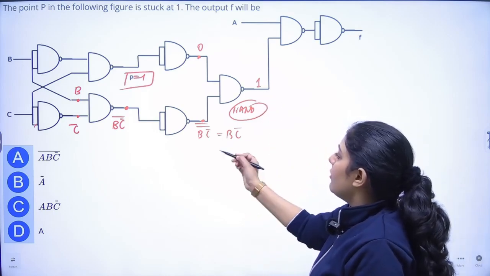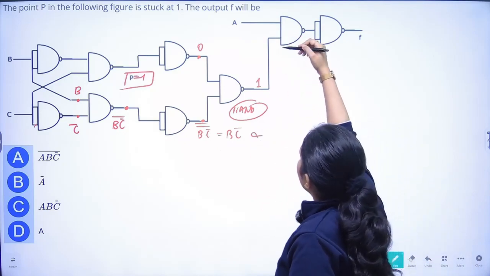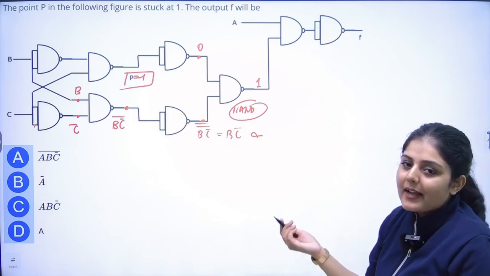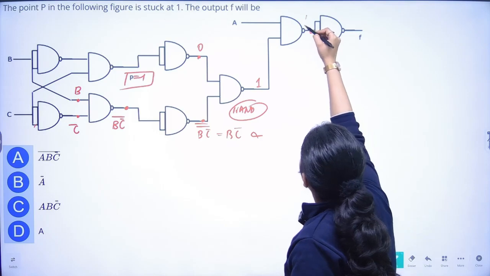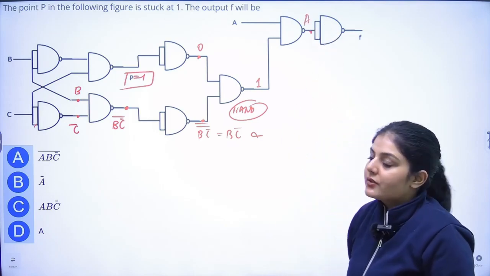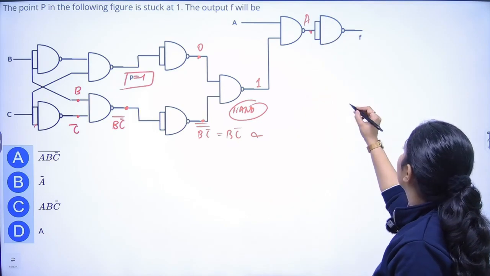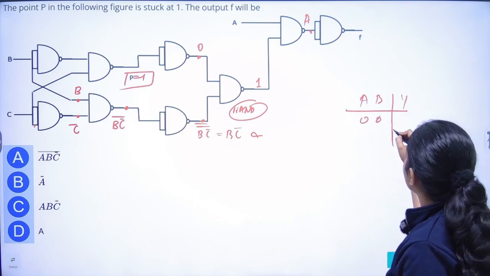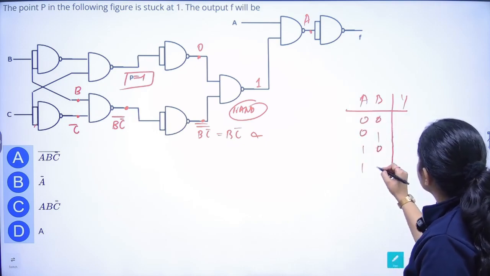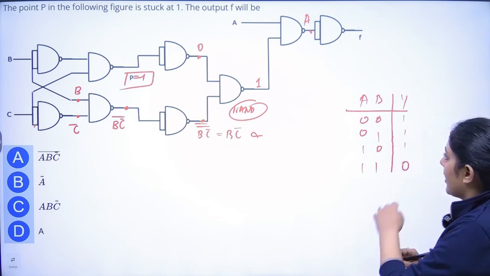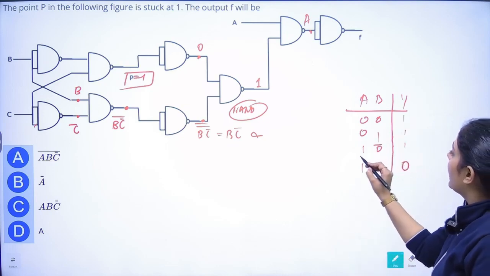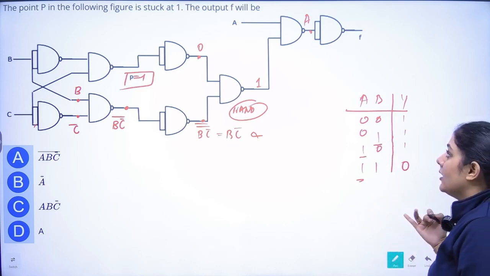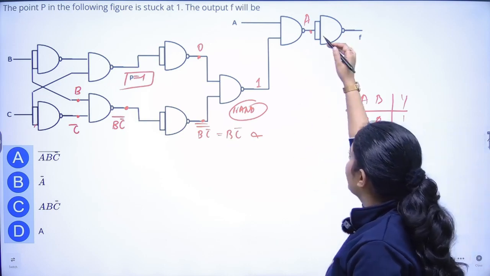It doesn't matter what value the other input has. Now if one input is 1 with a NAND, whatever the other input value is, the opposite will be reflected at the output. So we will get A.